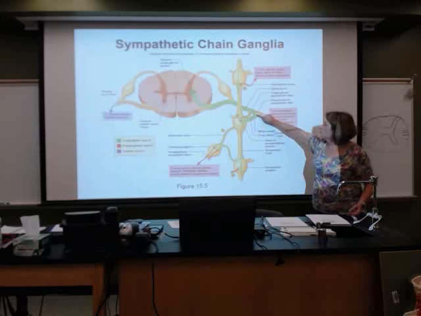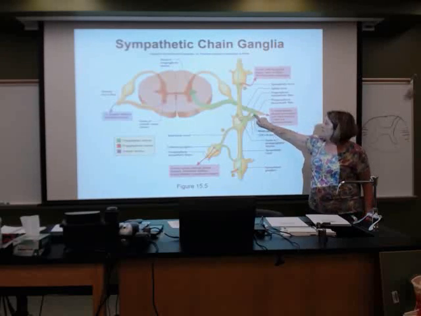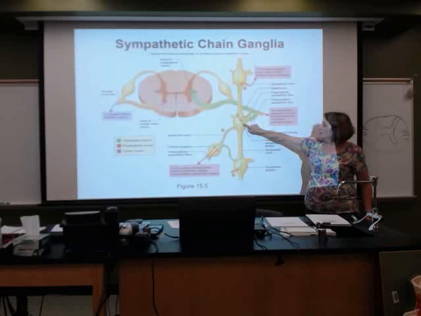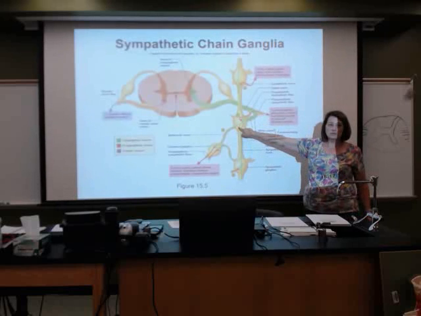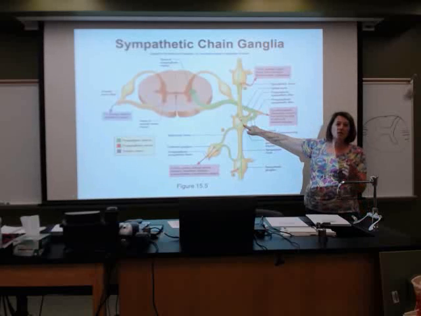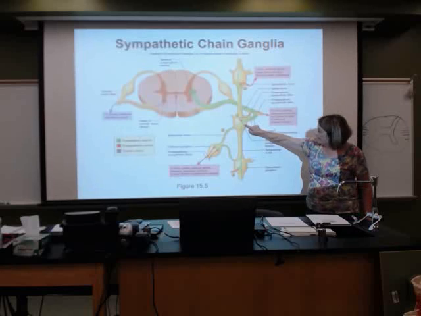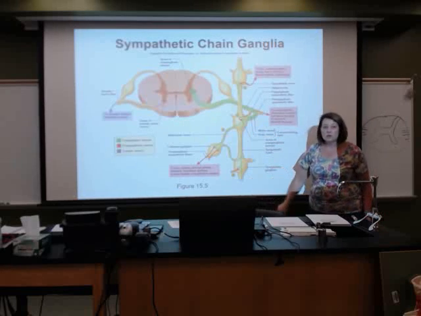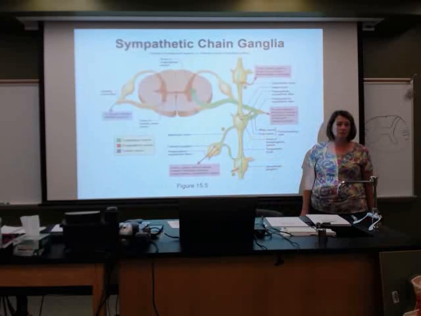Okay, so as I continue following fiber 1, it did the sharp turn in the rami, comes back. Well, wait a minute. Here's a ganglion. So it came back to the ganglion where it was now having access to the chain. And note, one of the pathways it could go was down the chain.